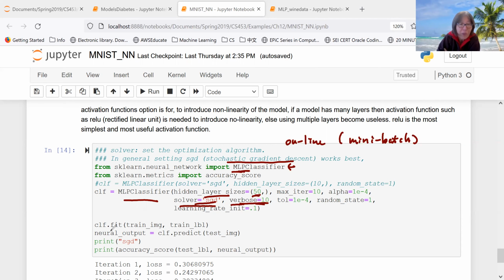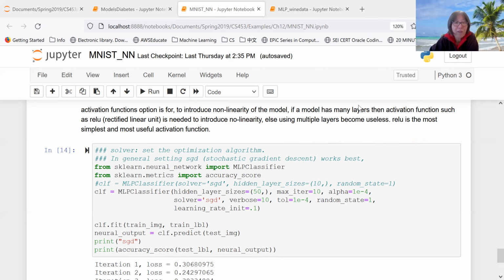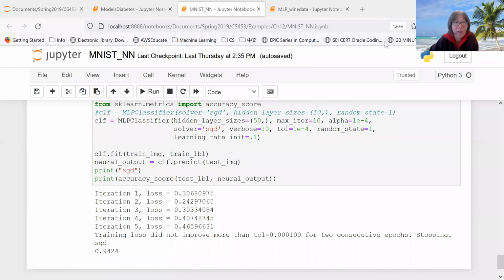Then we fit the training samples, and for the testing data set we do the prediction, and we also collect the accuracy score with the testing data. So that's the general idea about this MLP.